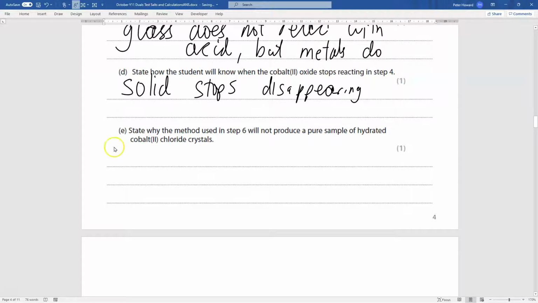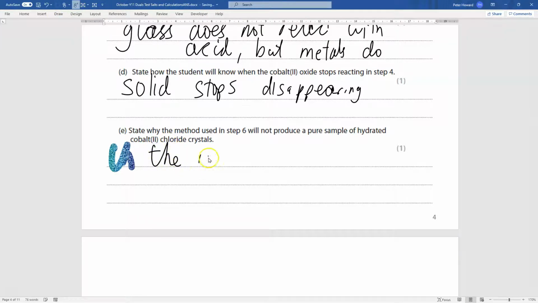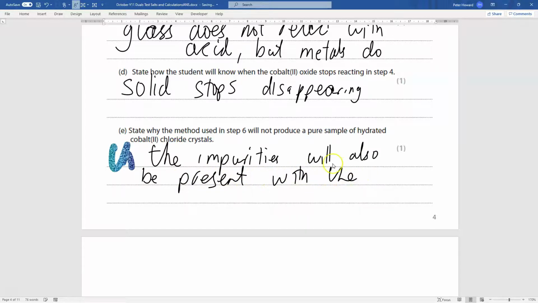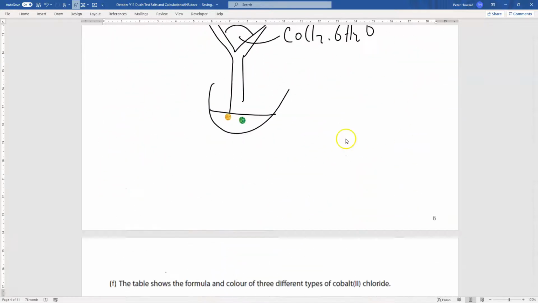Is because the impurities will also be present with the cobalt-2 crystals, cobalt-2 fluoride crystals. So we now move on to the next bit.